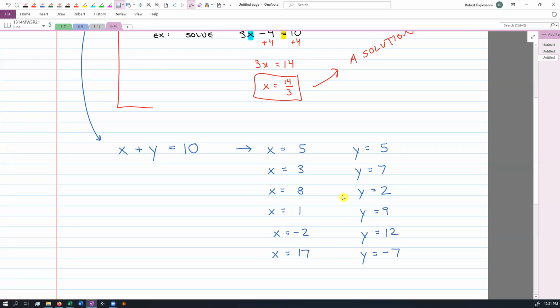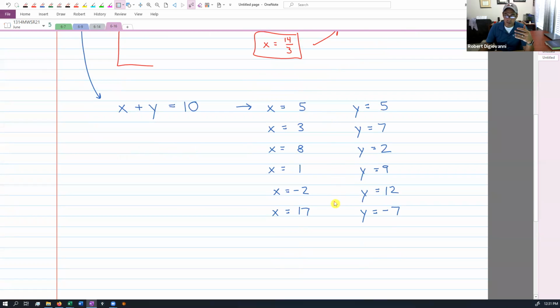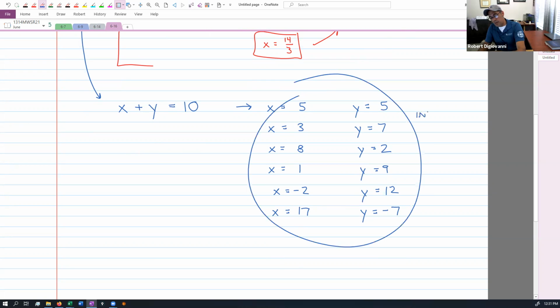So look, we could do this all day long. We could actually continue to make a list of numbers. We could spend the rest of our lives doing this, and we would never finish writing all the numbers that are possible. So there's an infinite number of answers.